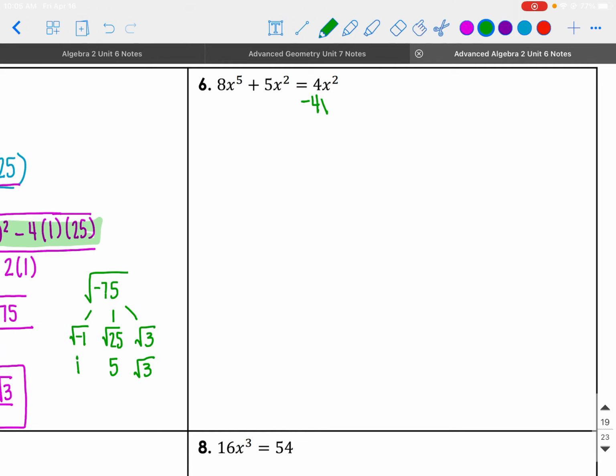All right, next one. We need to subtract 4x squared first. 8x to the 5th plus x squared.